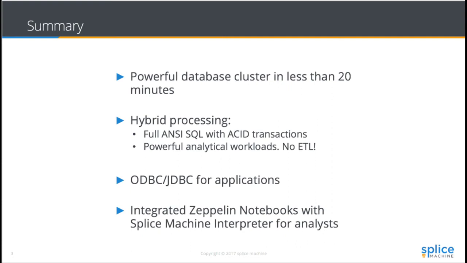For applications, it has ODBC and JDBC access, and for analysts, for people that want to do prototyping, research, even demos like what we are doing here, we have these integrated Zeppelin notebooks that have a Splice Machine interpreter so that you can talk SQL directly to the Splice Machine database.